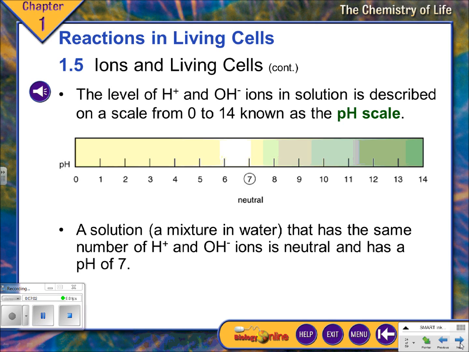And the lower numbers are acids, and over here are your bases. This has to do with how many hydrogen ions are free floating in water versus the OH ions. And then you have just regular water in there that's bonded, like your little molecules just going around.